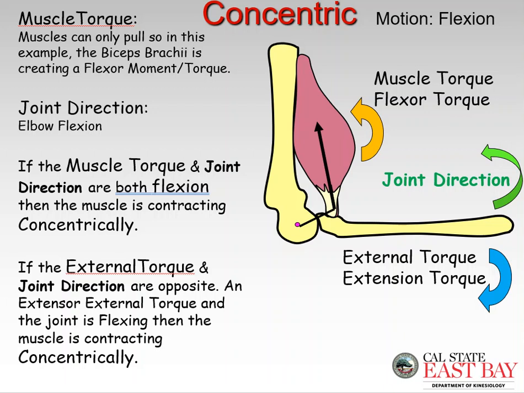If the external torque and the joint direction are opposite, in this case the external torque is an extensor torque and the joint motion is flexion, so extension and flexion are opposite, then the muscle is contracting concentrically. So those are 2 definitions of a concentric contraction.